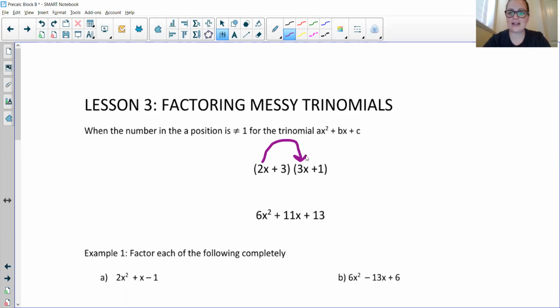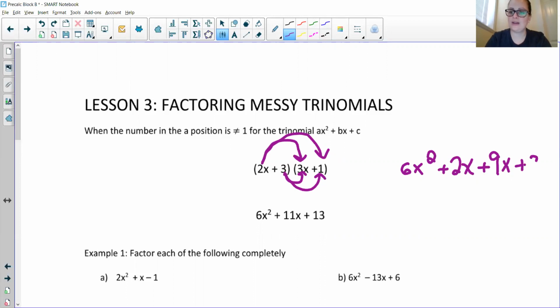So 2x times 3x equals 6x squared. 2x times 1 is plus 2x, and then you would do the second term with everything in the second bracket. So 3 times 3x is 9x, and 3 times 1 is positive 3.